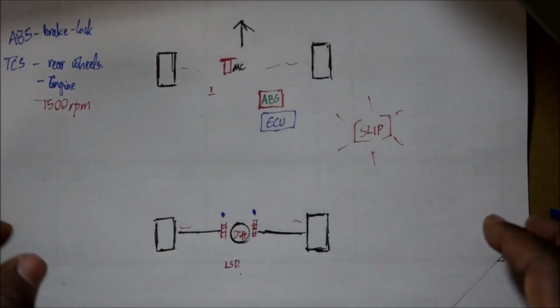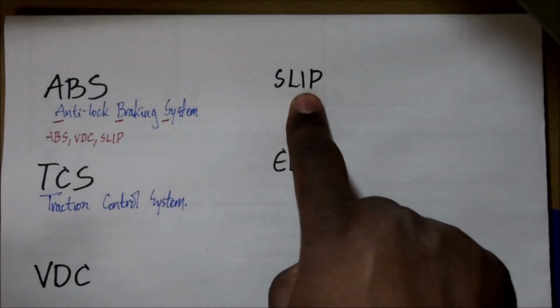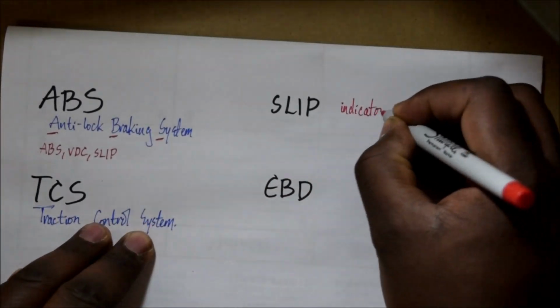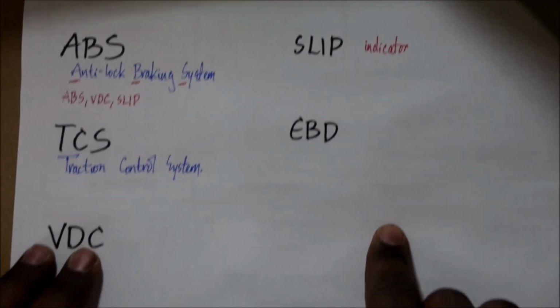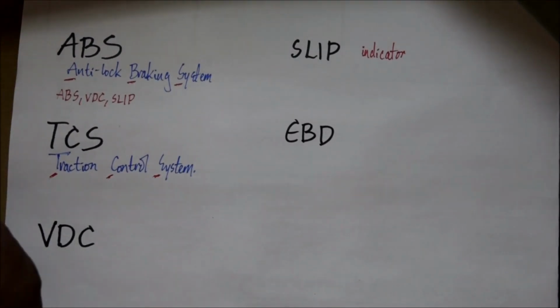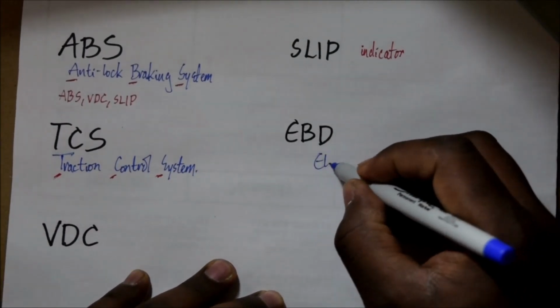Okay, so we'll jump over to the next definition. We already talked about slip, right? I said it's just an indicator. Cool. Let's skip the VDC. Let's talk about EBD. EBD is electronic brake force distribution.